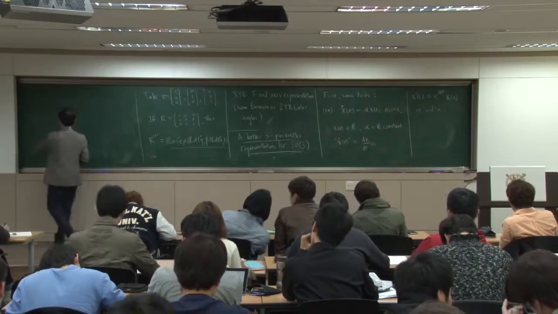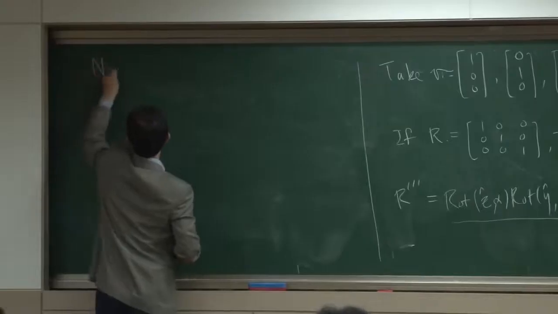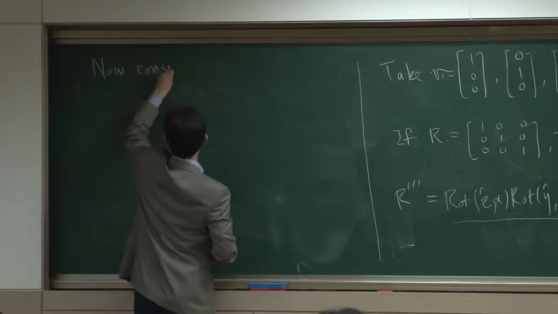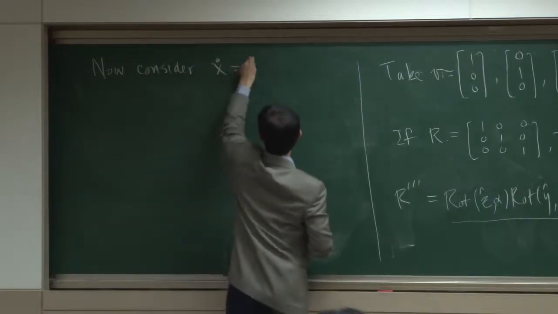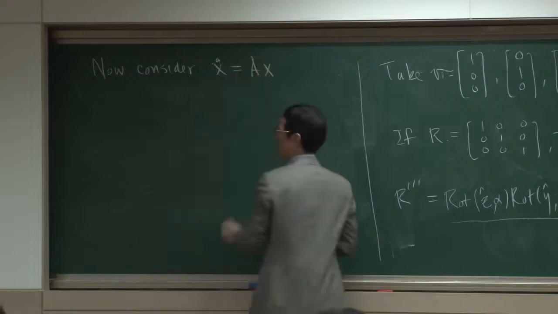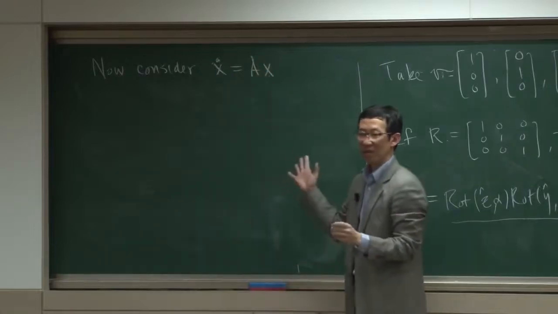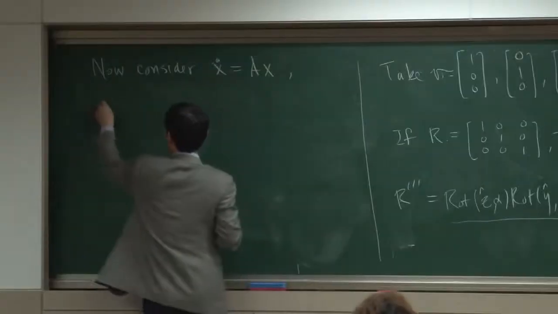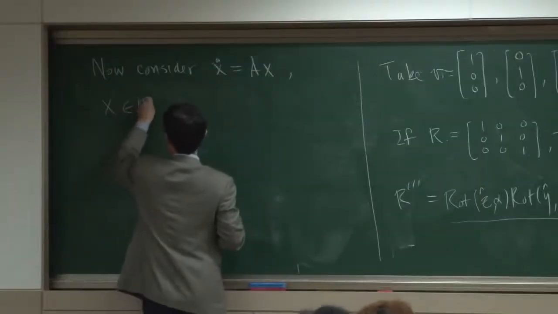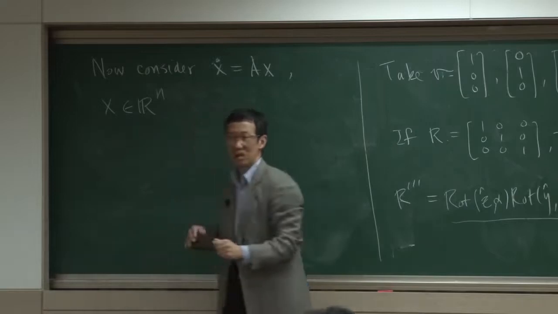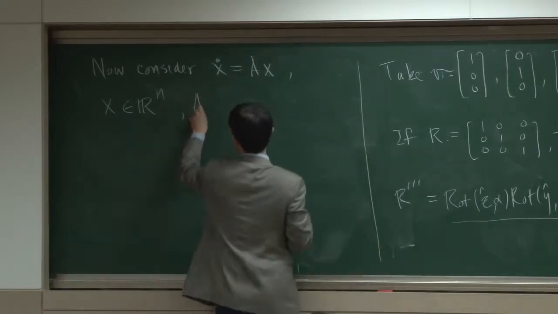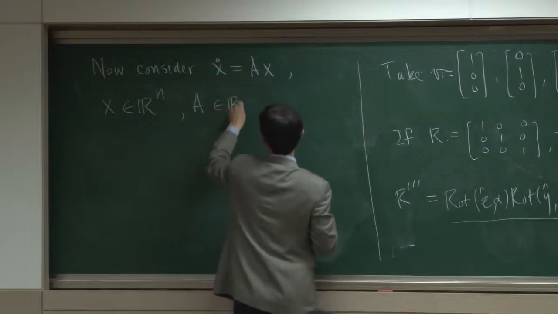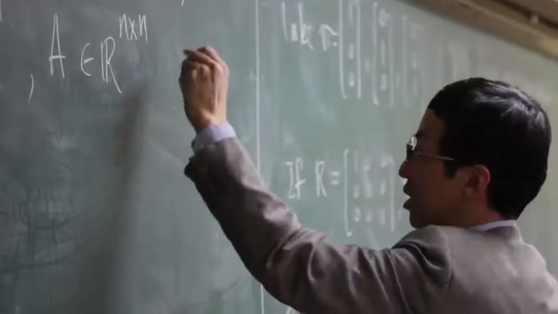Now what if I gave you this? x is still a function of t, but this time x is a vector in dimension n, and A is not a scalar, but now a constant matrix, n by n.